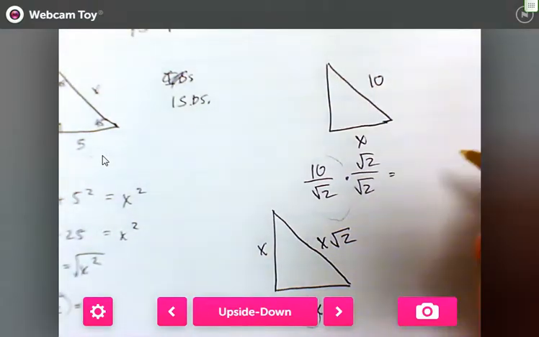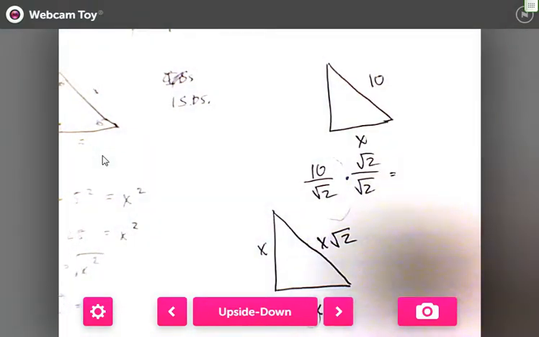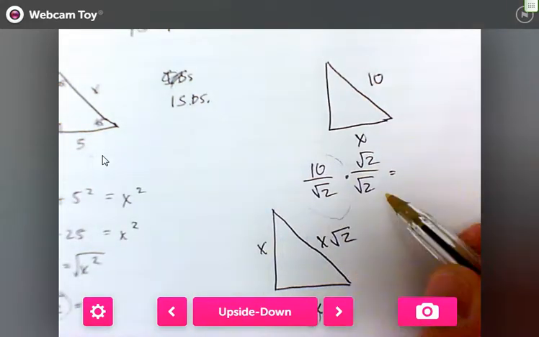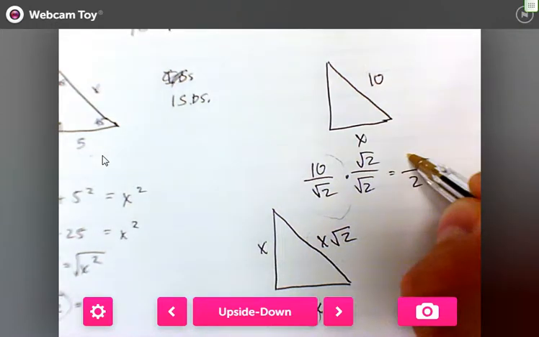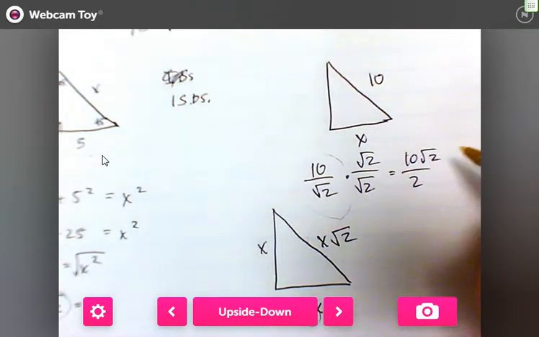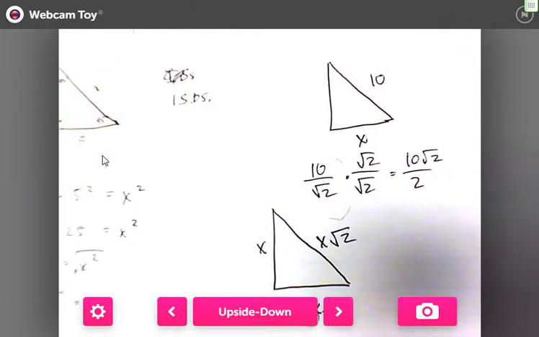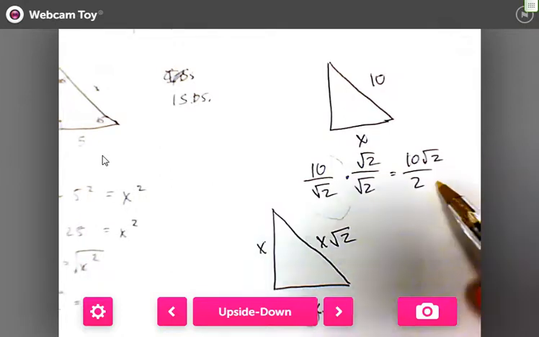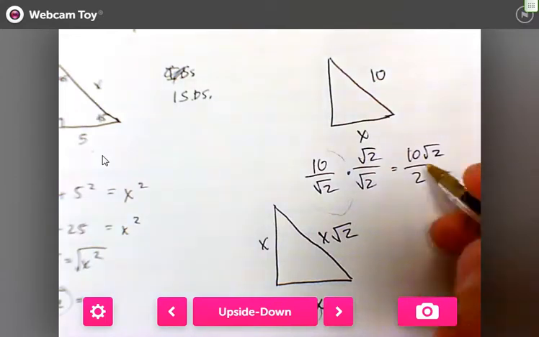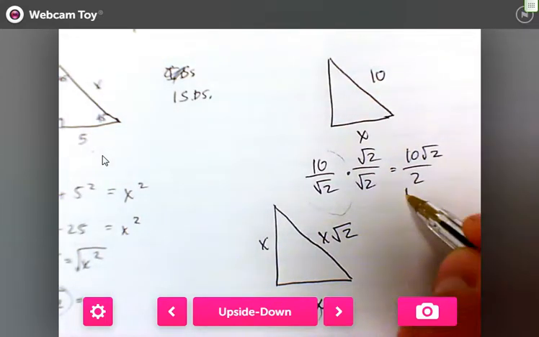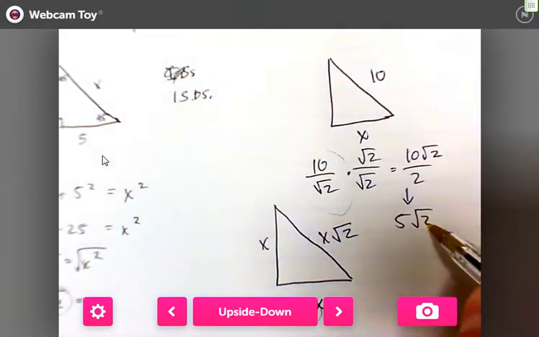And what's 2 times 2? 4. What's the square root of 4? 2. So the bottom's already solved. The bottom stays at 2, and then we've got 10 root 2 on the top. There's one more thing that we can simplify, and what does that simplify down to? 10 divided by 2. 5 square root 2. So our final answer is 5 square root 2.